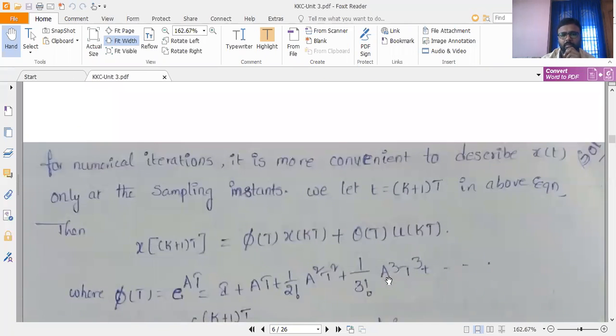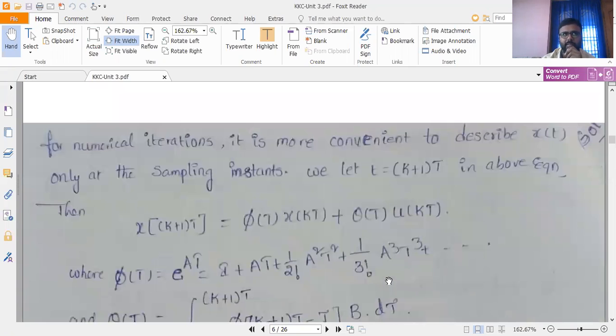But the sampling process is going to start from kT to (k+1)T. Therefore, x of (k+1)T can be rewritten as phi of T into x of kT plus theta of T into u of kT.